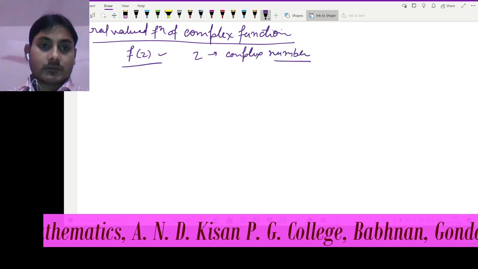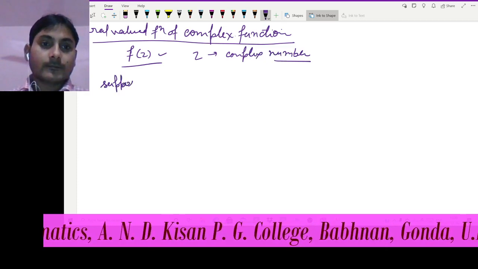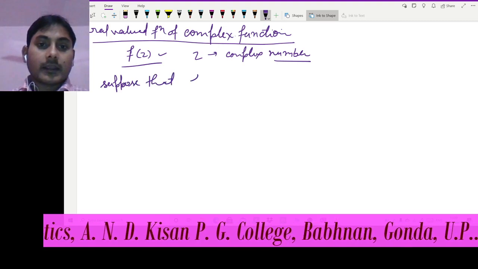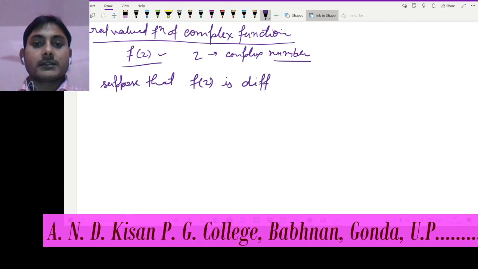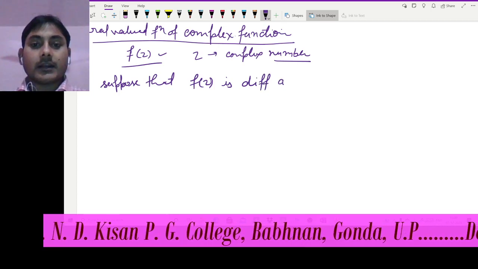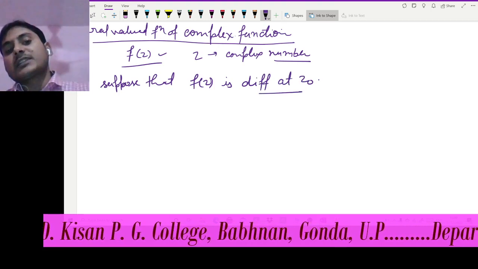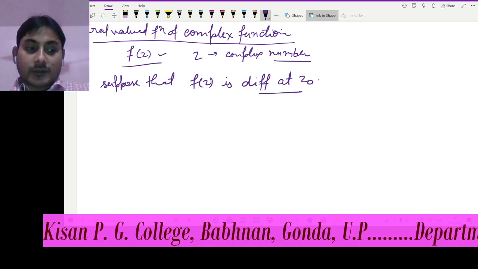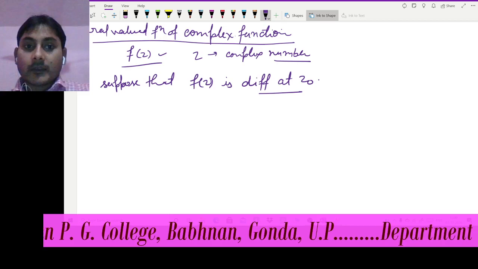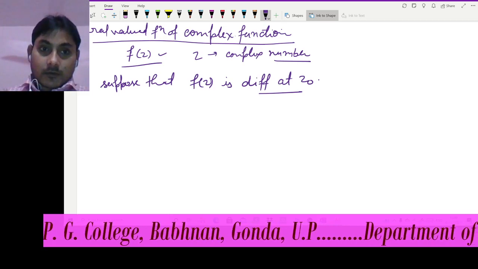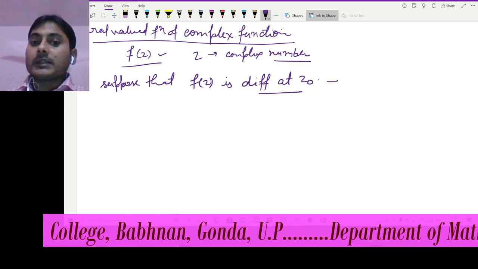So suppose that f of z is differentiable at a certain point z0. Suppose that this particular function is differentiable at z0. Then what will be your conclusion?